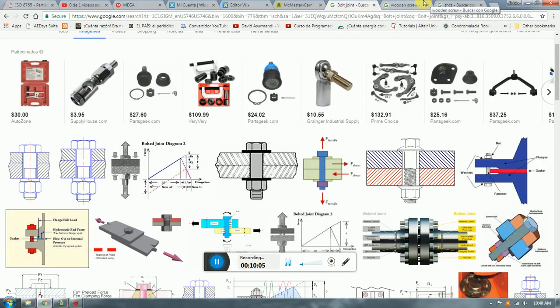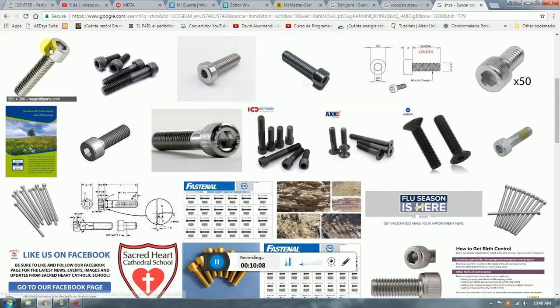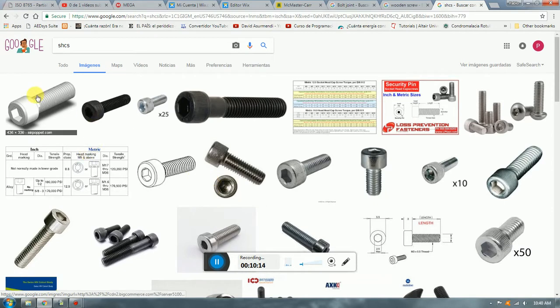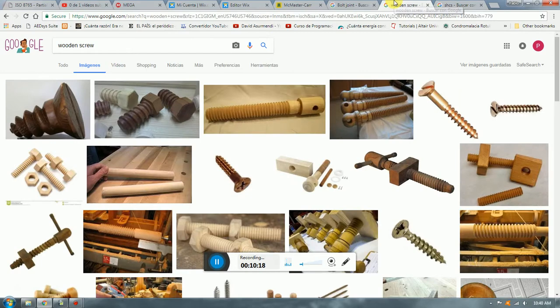So typically you're going to see, okay, I get it. These types are going to be screws, because of the way they are. In fact, they are called cap screws, in this case socket head cap screws. And the other ones typically are going to be different.